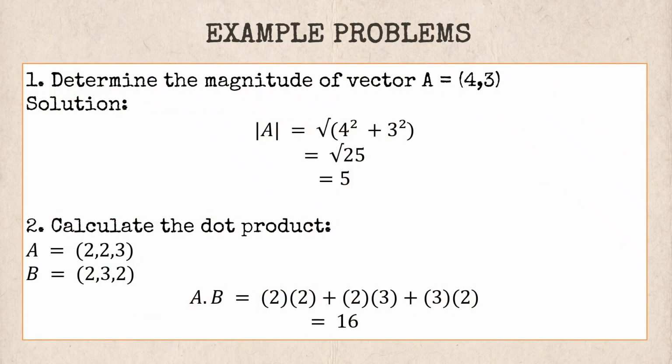Okay, next I have the example problems. Number 1. Determine the magnitude of vector A equals 4, 3. The solution is: in this problem, we need to determine the magnitude of vector A. The magnitude of A equals the square root of 4 squared plus 3 squared.